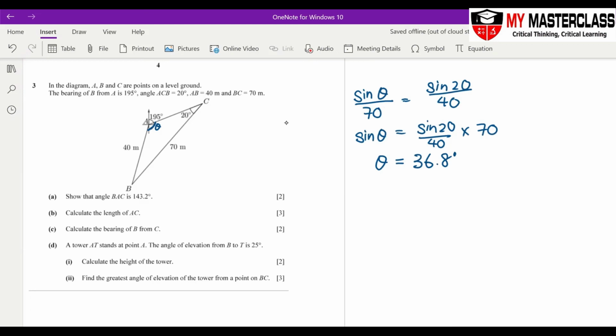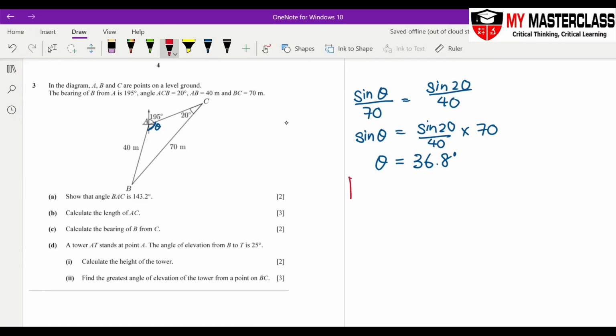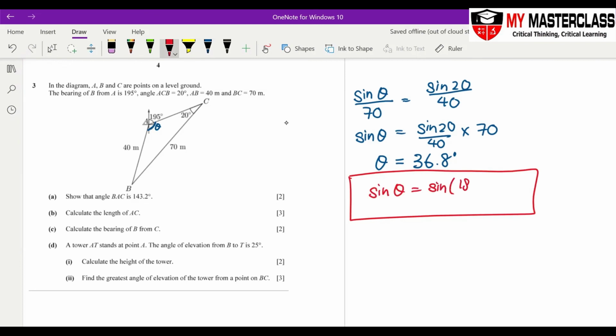Why is it so? It's because the concept that you all forgot is that sine theta is also equal to sine of 180 minus theta. No matter what you do, my answer is still 36.8. Then you get stuck very long in the exam because you forgot this.